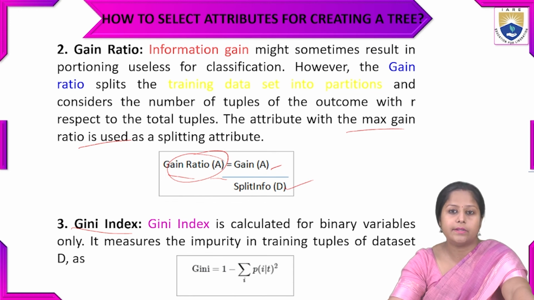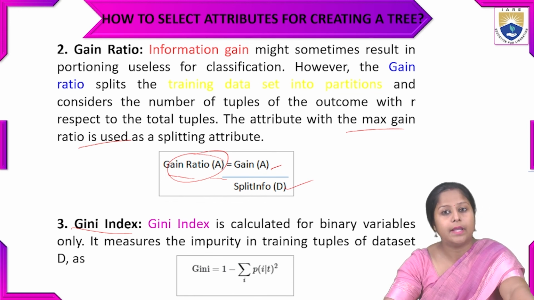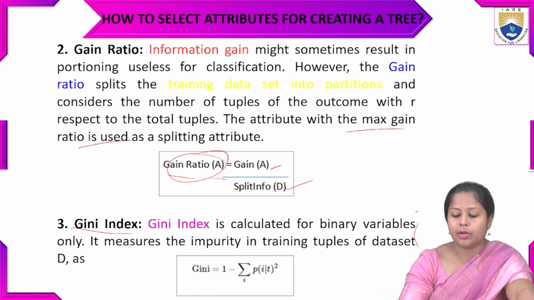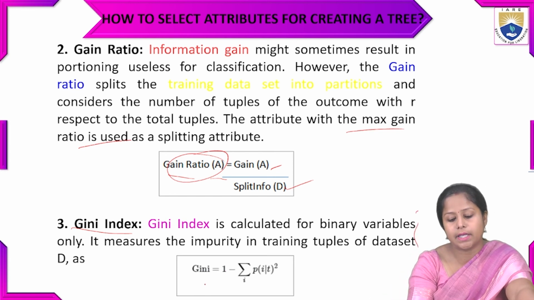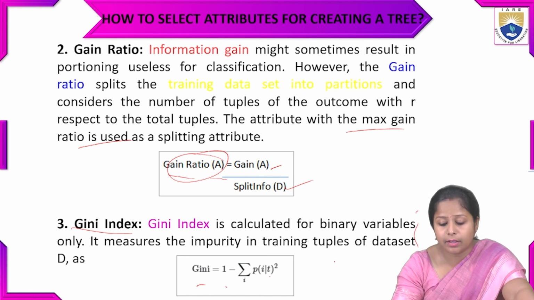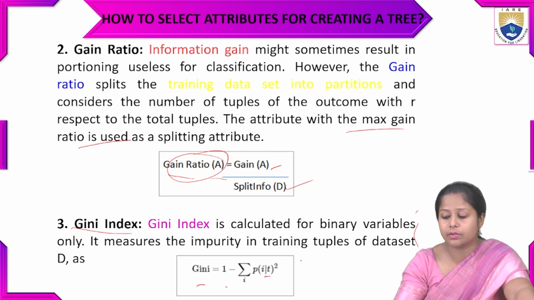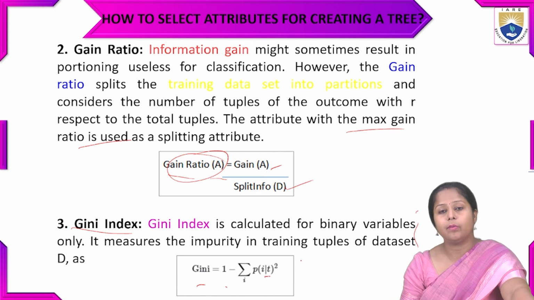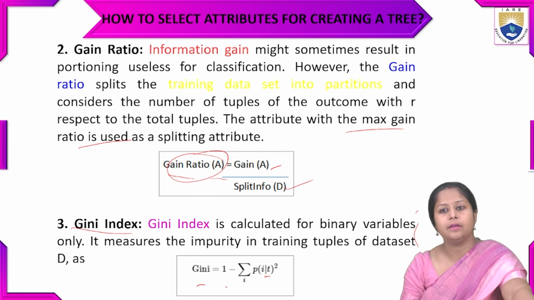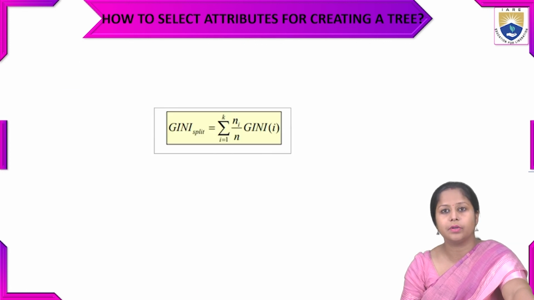It measures the impurity in the training tuples of dataset D. The formula is Gini is equal to 1 minus the summation of p_i squared. By this formula we get the Gini Index for that particular attribute.